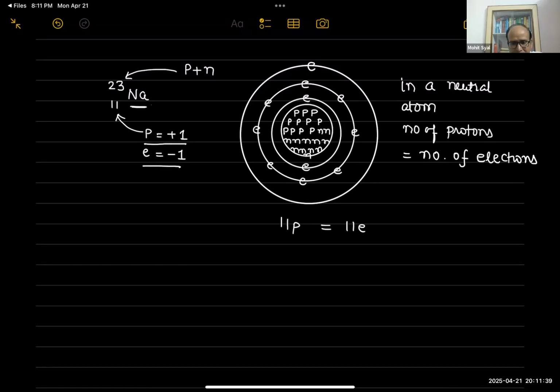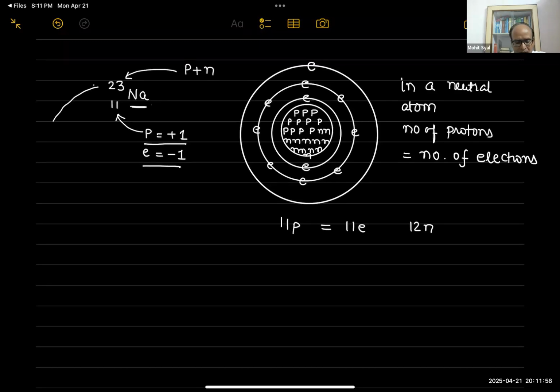Understood? Okay, great. And for the number of neutrons, from 23 you subtract 11, so you get 12 neutrons.